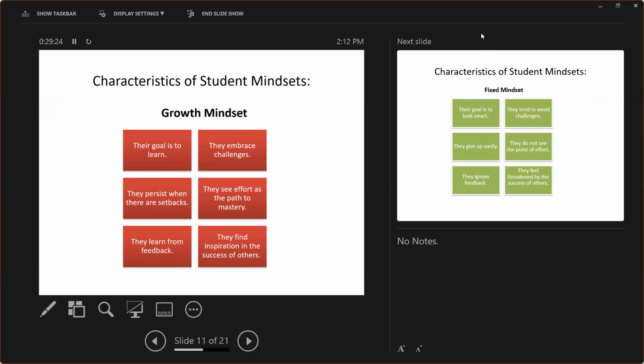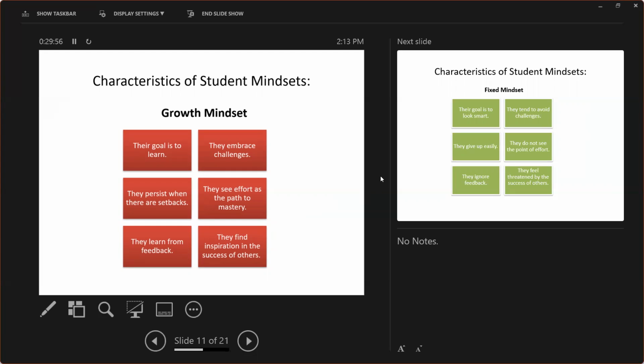There are going to be other concepts that we breeze through and are not challenged as much by. If a student has a growth mindset, they embrace those challenges, and then they try to think about how can they persist through these challenges. If there's a setback, how can they plow through that? Is there a different way that they can approach this to be successful?